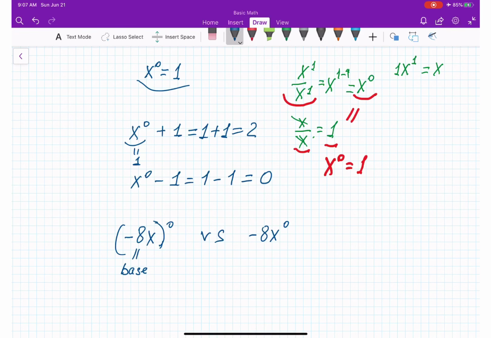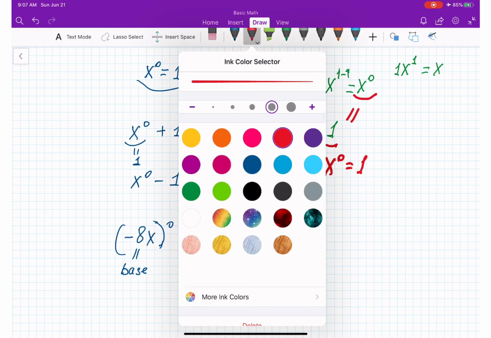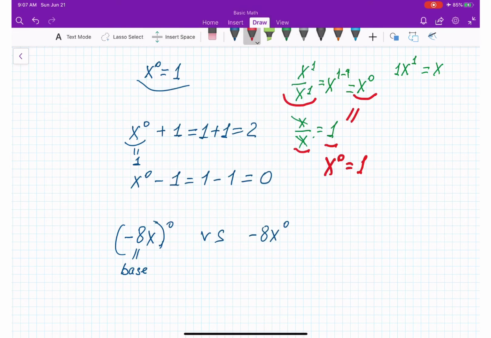Your base is negative 8x, the entire base. And we know that any base to power 0 is equal to 1. So in this case, we are going to get 1.